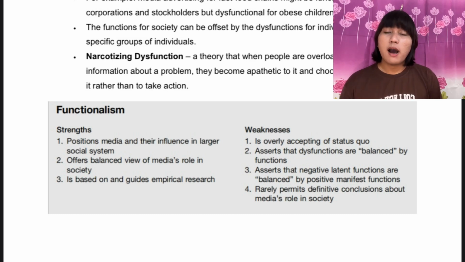But it also has weaknesses, which are, first, it is overly accepting of the status quo. Second, it asserts that these functions are balanced by dysfunctions. Third, it asserts that negative latent functions are balanced by positive manifest functions. And fourth, it rarely permits definitive conclusions about the media's role in society.